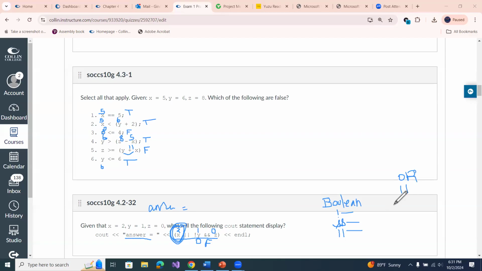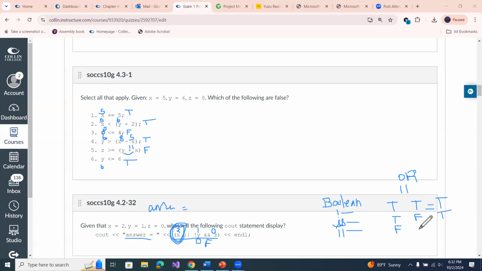So when you have an or, what you have to remember is that only one side of the Boolean operator has to be true for this to be a true statement. So true or true would be true. True or false would be true.